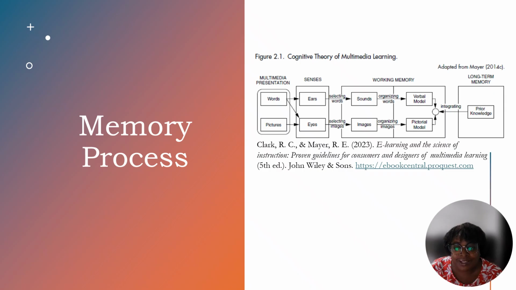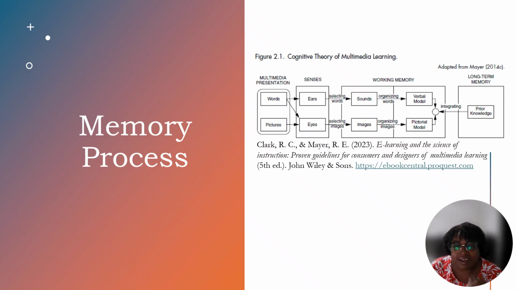And once it's processed as sound, then the brain has some options here. The option is to either organize those words to be further processed into long-term memory or to forget. But our goal as educators is to have the students go from the sound that they hear from the words, and organize those words into a verbal model.